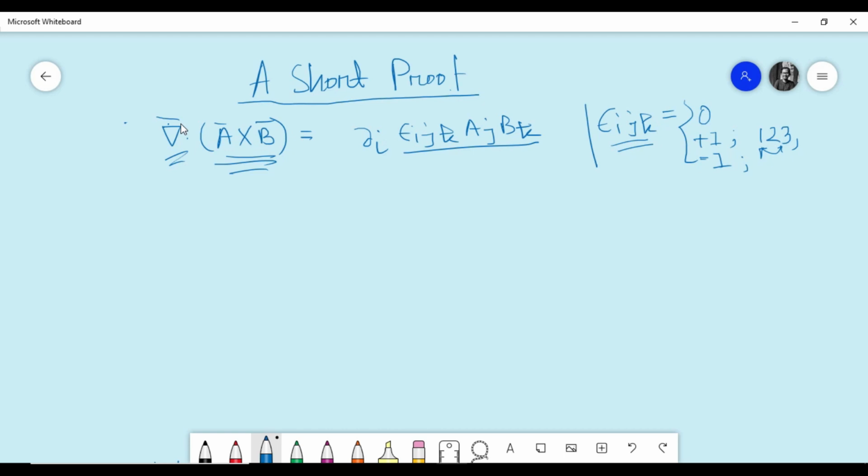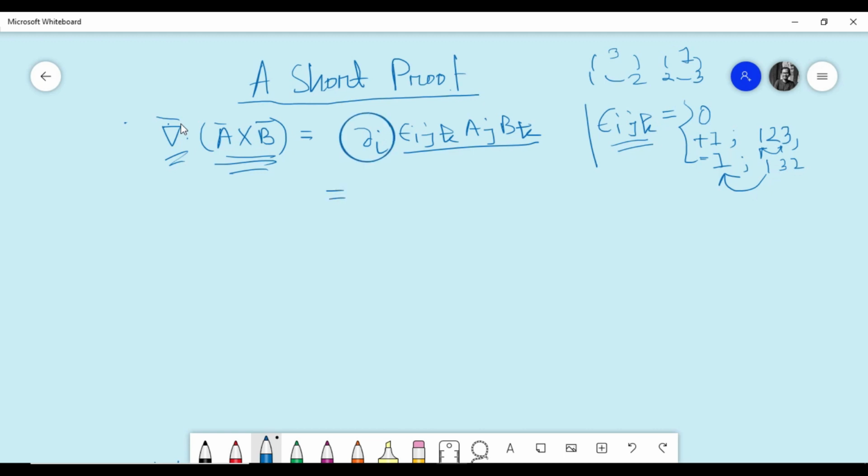But without switching, if we just rotate it like this, let's say we have a cycle like this, and we just rotate it, then we can have 2 3 1. This is also cyclic. But if we have, let's say, 1 3 2, then we have this anticyclic permutation, and the Levi-Civita symbol will just return minus 1.